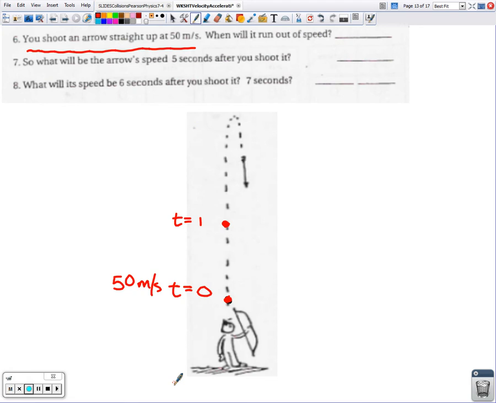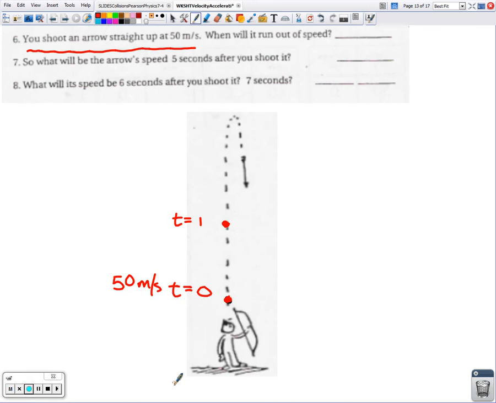We know that the free fall acceleration, or the acceleration caused by gravity here on Earth, is how much? 10. And that means that the velocity has to change by 10.